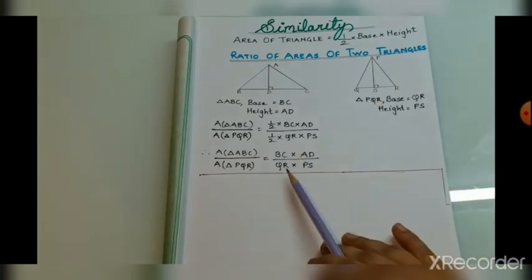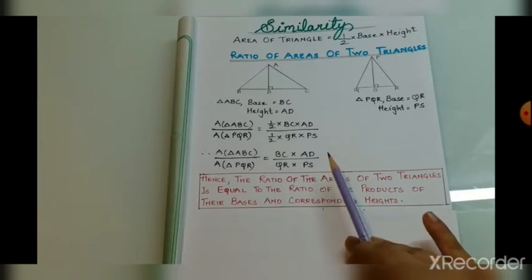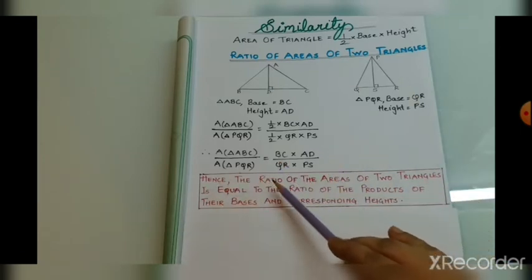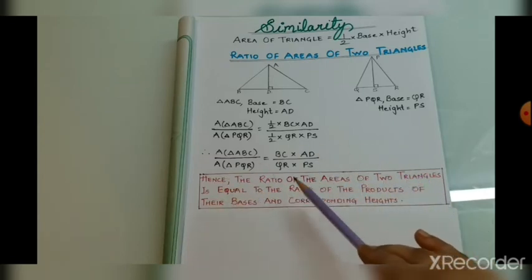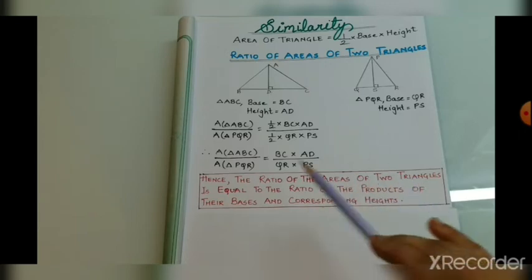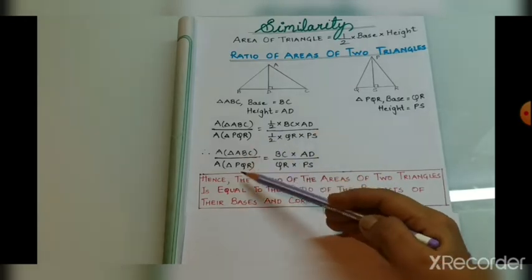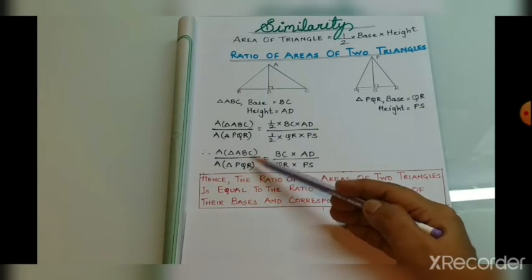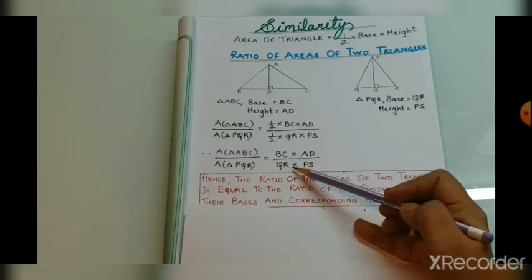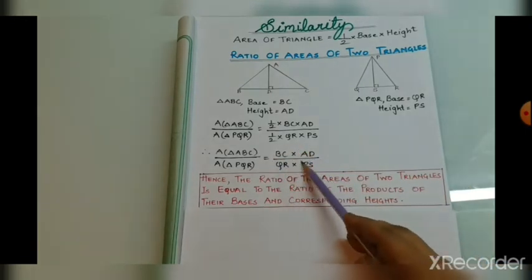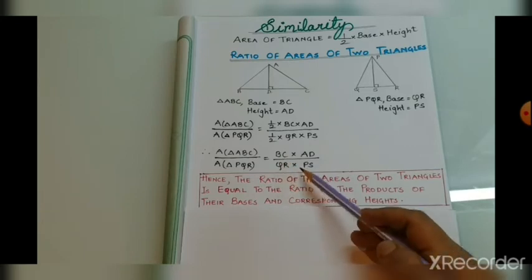So from this we derive the property that the ratio of the areas of two triangles is equal to the ratio of the products of their bases and corresponding heights. Product means multiplication. So it is equal to the ratio of the product of their base and height.